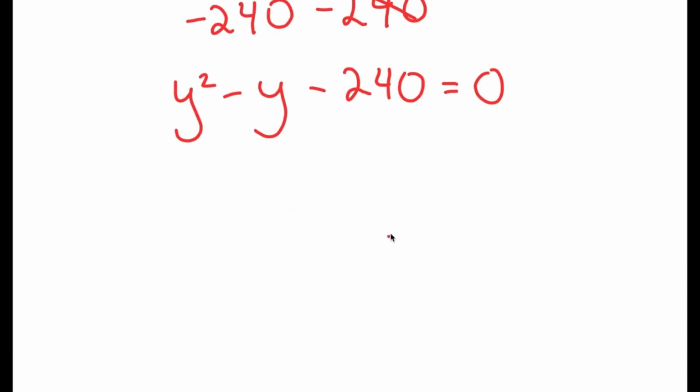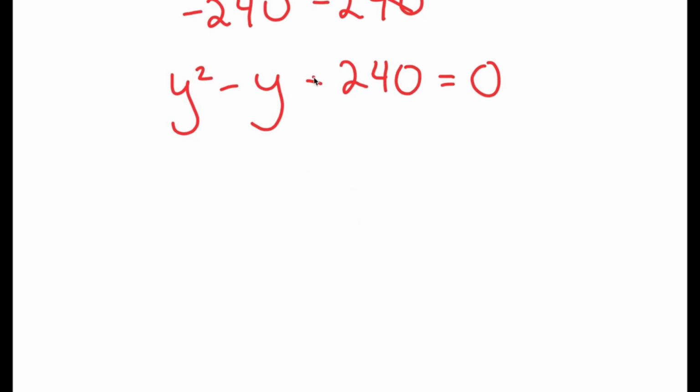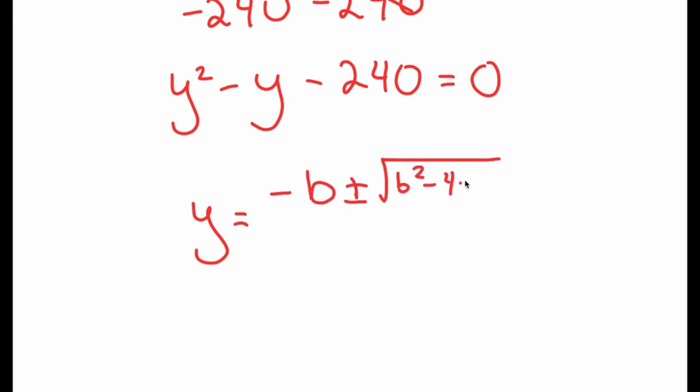So what I have here is a quadratic equation. And to find the solutions of this quadratic equation, I can use the quadratic formula. So if you guys already didn't know, the quadratic formula is negative b plus or minus the square root of b squared minus 4ac all over 2a.